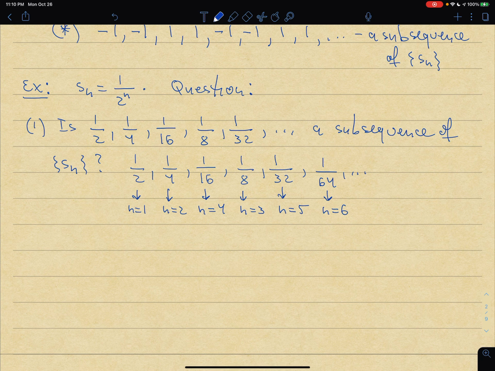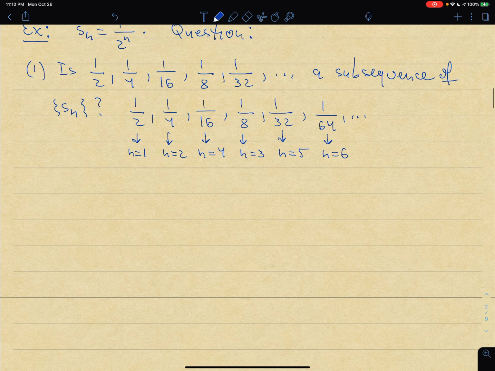So how does my n of k look? n of 1 is 1. n of 2, in the second position, is 2.